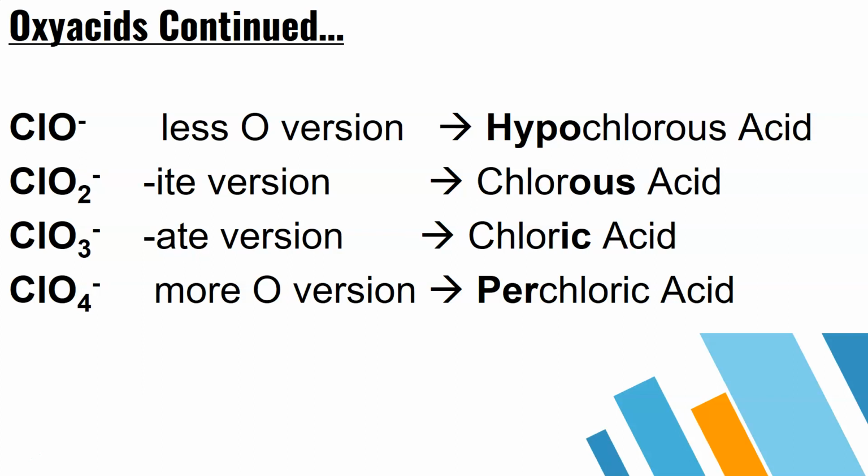All right. Another thing that's hard is sometimes we mess with the pattern of the naming a little bit to make it sound better. If you remember when we were naming ionic compounds and we had double vowels, we sometimes messed with the naming. We didn't want to have double vowels bumping into each other, so we do a similar thing here.